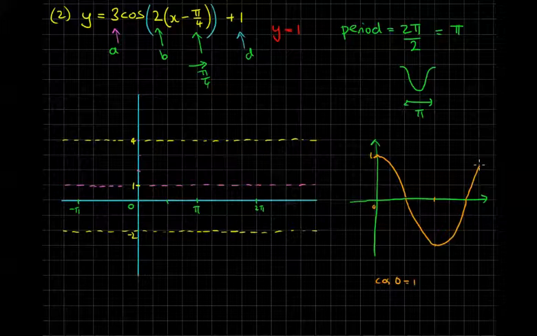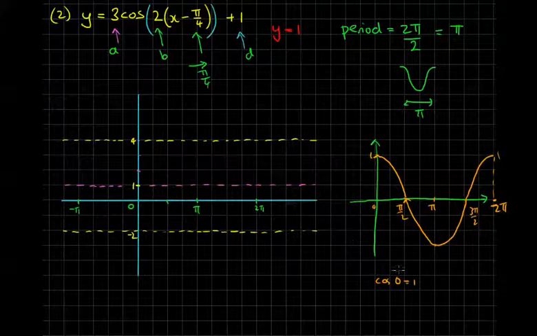And then at 2π, you get back to 1 again. So I remember these key points. Remember, cos of 0 is 1.